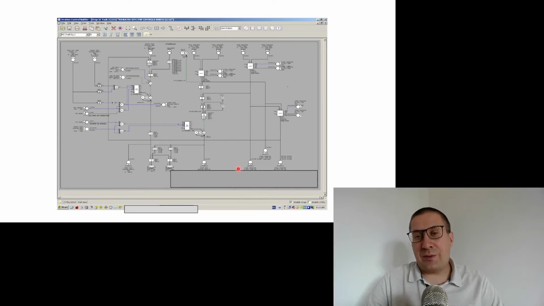What kind of algorithms do we have here? There are some logical algorithms like AND, OR, manual auto stations. There is a PID controller that controls a particular part of the process.